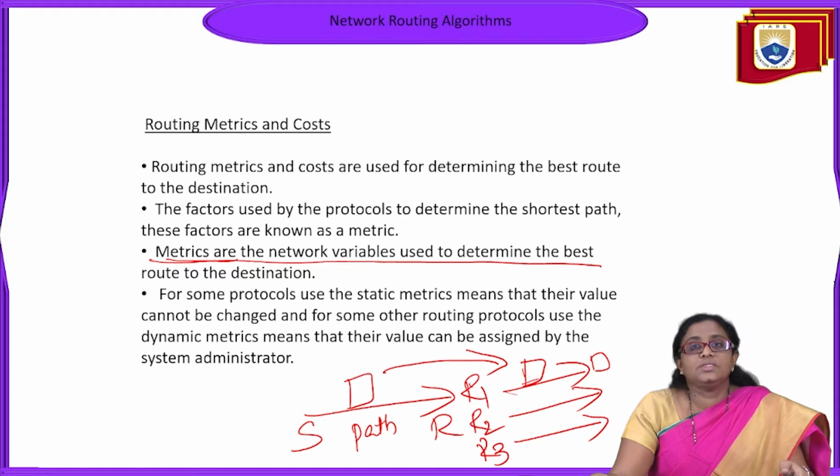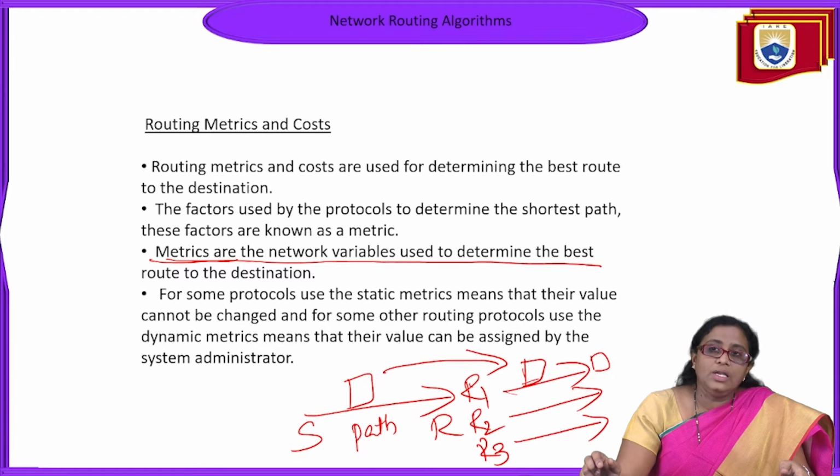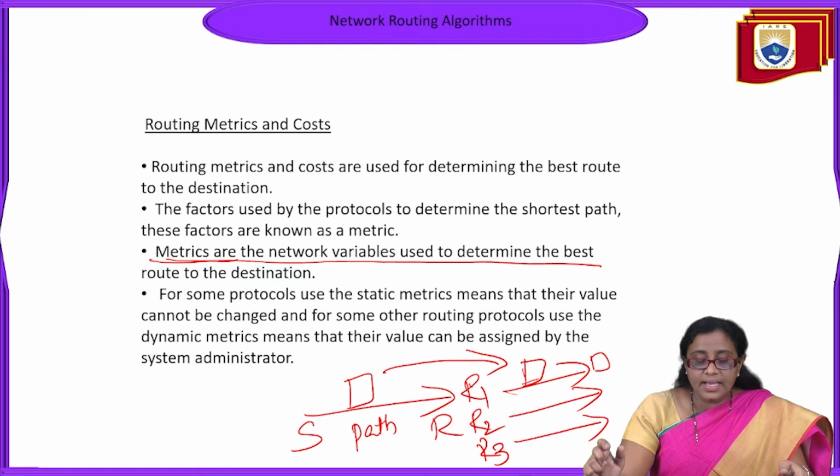Some protocols use static metrics, whose value cannot be changed. Other routing protocols use dynamic metrics, whose value can be assigned by a system administrator. Again, what do we mean by metrics?